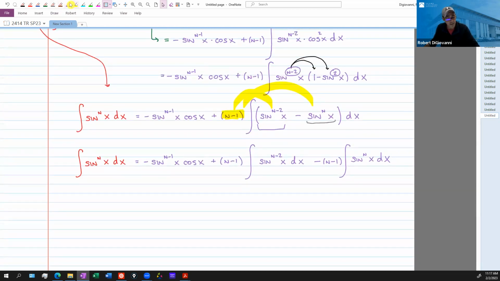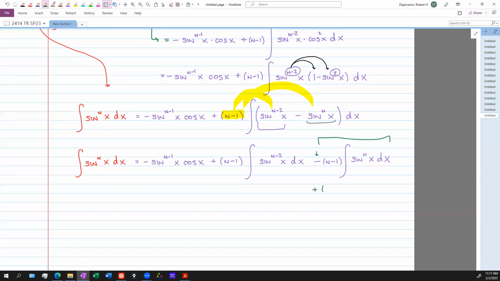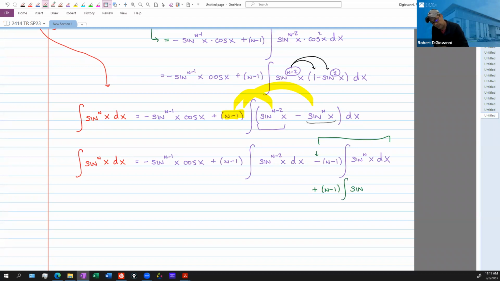Now I need to kill off this one over here, get rid of it on the right-hand side, and that way it can appear on the left. Since it's being subtracted, I'm going to have to add, how many of them? n minus 1 of sine nx dx. I'm going to add n minus 1 of those to each side.